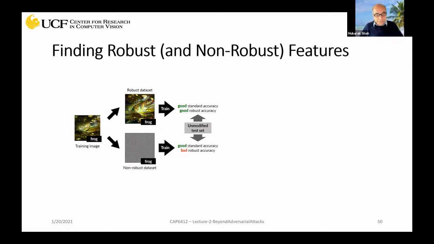We will disentangle it, and we will come up with the robust data set and the non-robust data set. Now, if you take the robust data set, it will give you good accuracy on the standard classifier. It will also give you good accuracy on the robust classifier. Now, if you use the non-robust data set, it will give you good accuracy on the standard classifier, but will give you bad accuracy on the robust classifier or on input with perturbation.